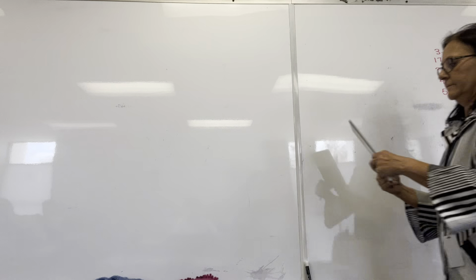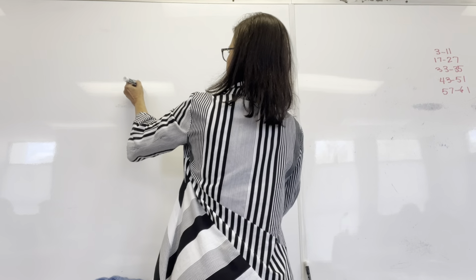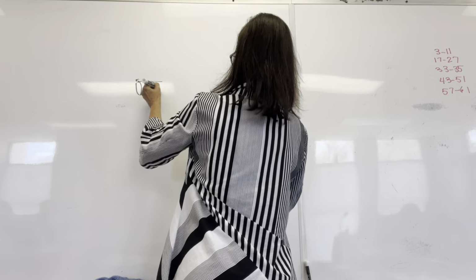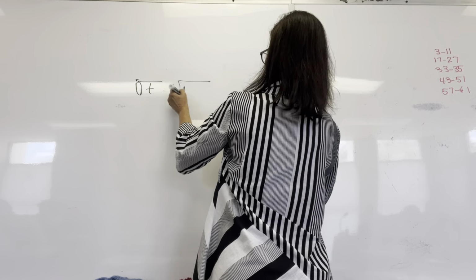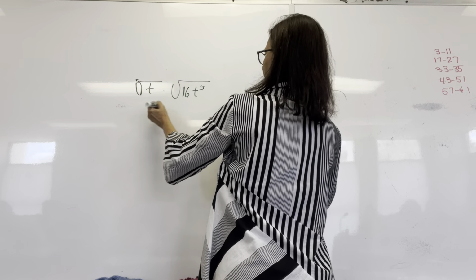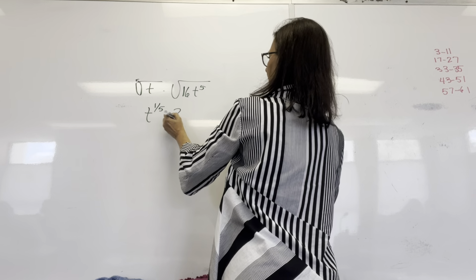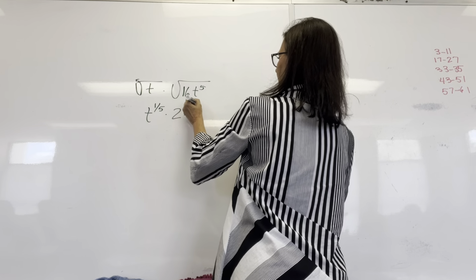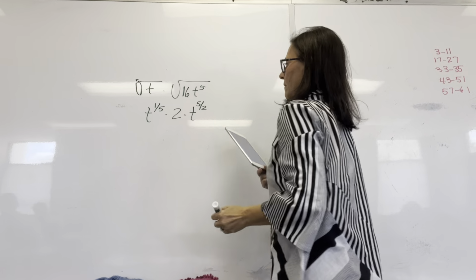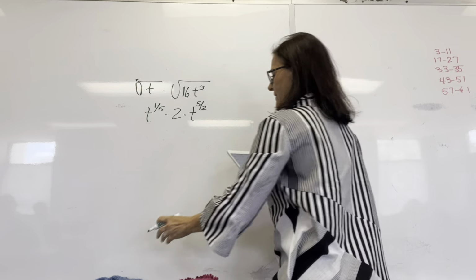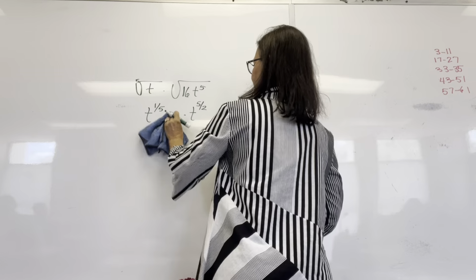I gotta literally read it. Like 27 over 10. Oh, why did I say 2? Square root of 16 is 4.